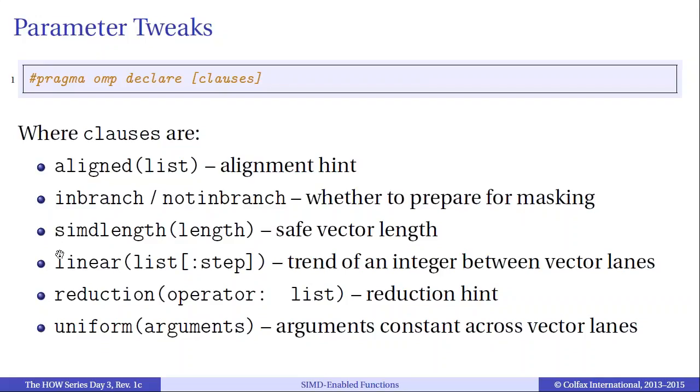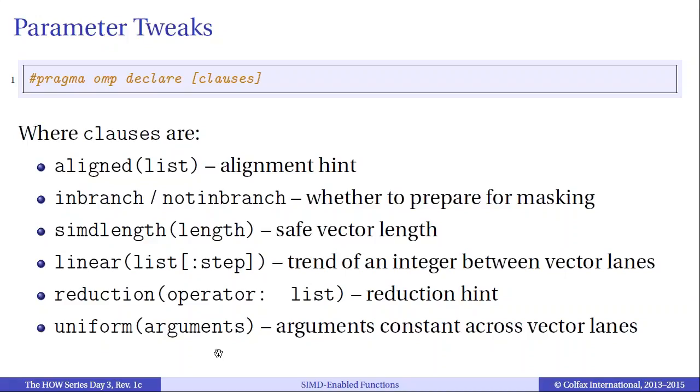Sometimes some of the arguments of your function will be floating point numbers, but others will be integers. And these integers may serve the role of indices. Between different vector lanes, there may be a predictable stride of these indices, and you can indicate this to the compiler. Sometimes you can indicate that you are doing reduction across multiple vector lanes into one of the arguments.